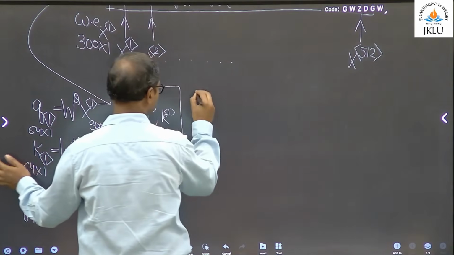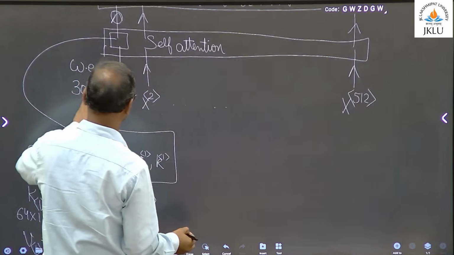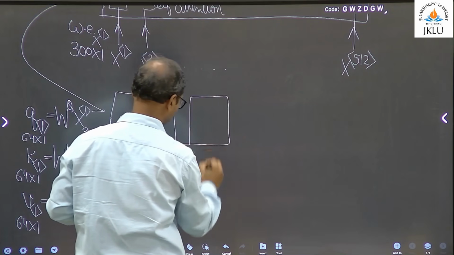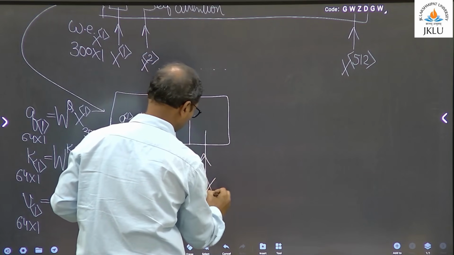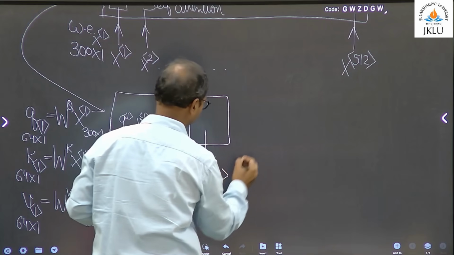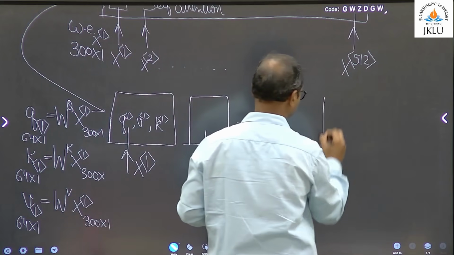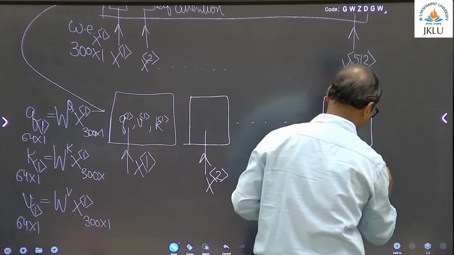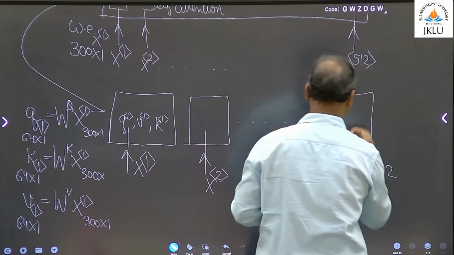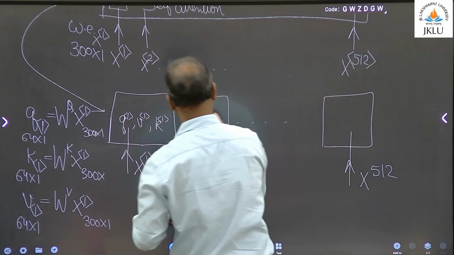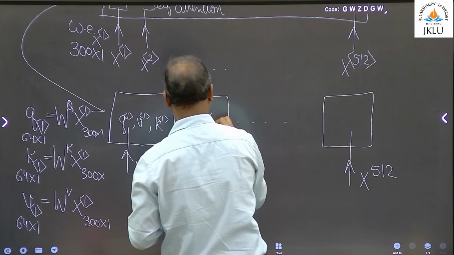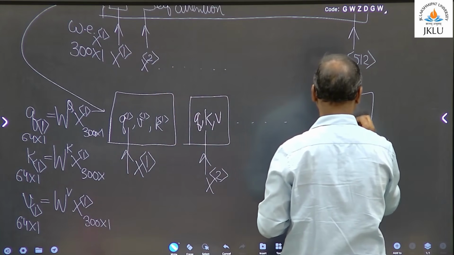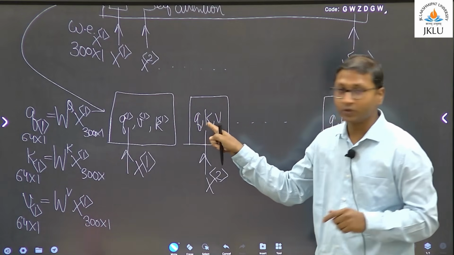So you see there are Q, K, V. Which QKVs are they?